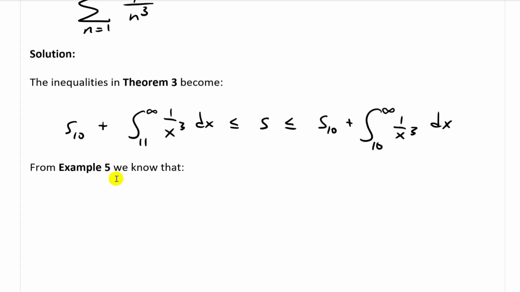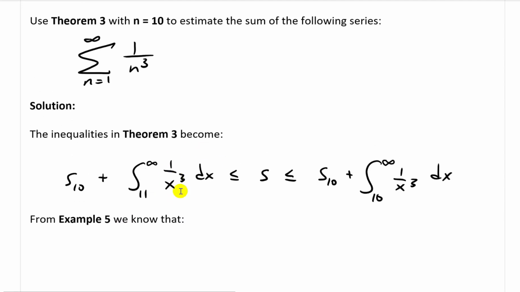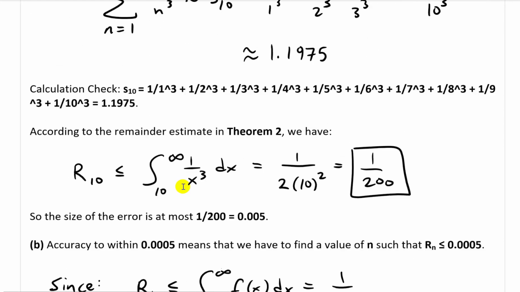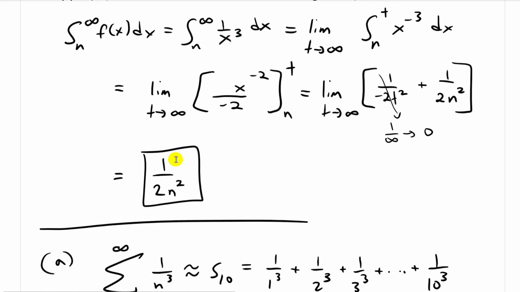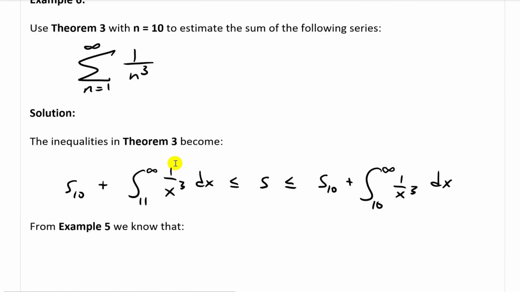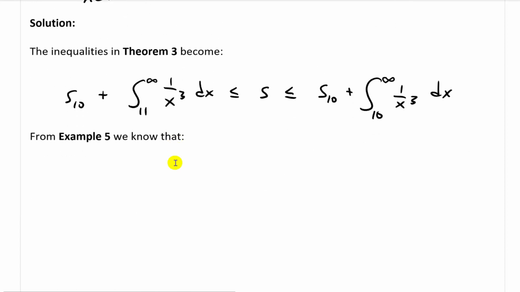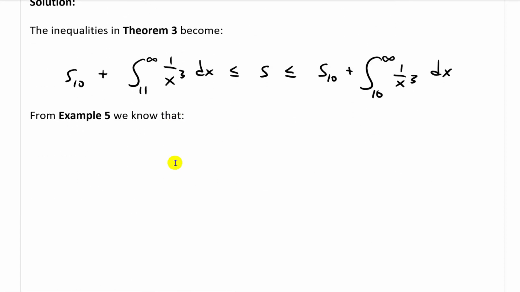And now, from example 5, we already know the formula for this one. Let's go back to example 5, where we derived it. The integral from n to infinity of f of x dx, where f of x equals 1 over x cubed, is going to be 1 over 2n squared. So we could replace that whole thing with 1 over 2n squared.